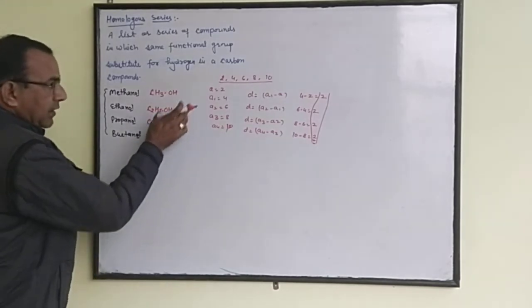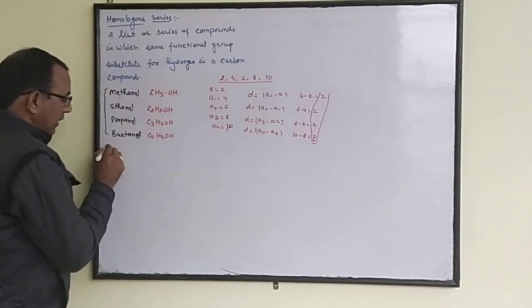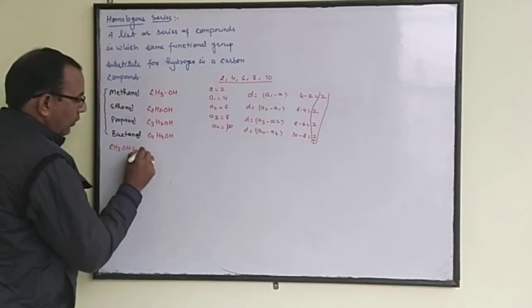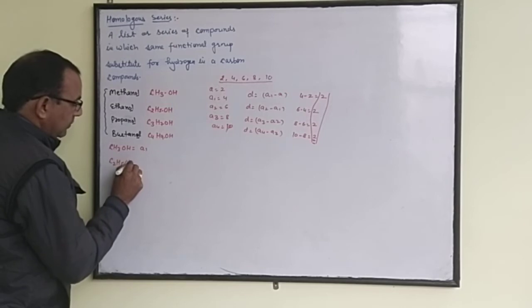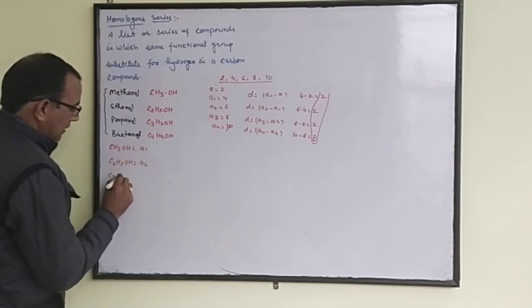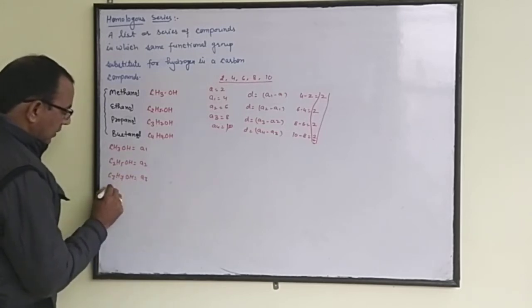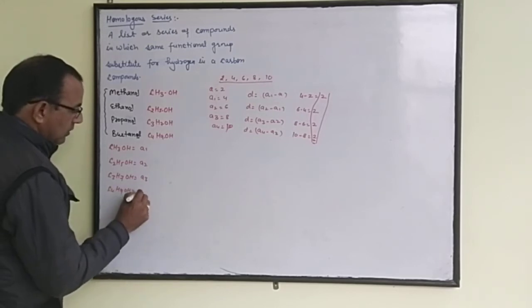If we calculate the common difference of this, we can say that methanol CH3OH is A1, C2H5OH is A2, C3H7OH is A3, C4H9OH is A4.